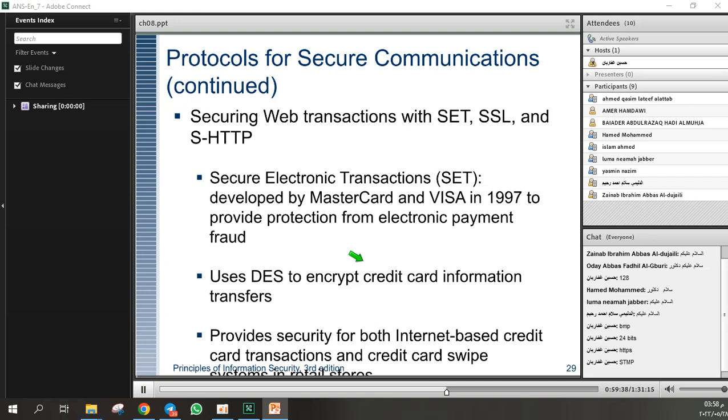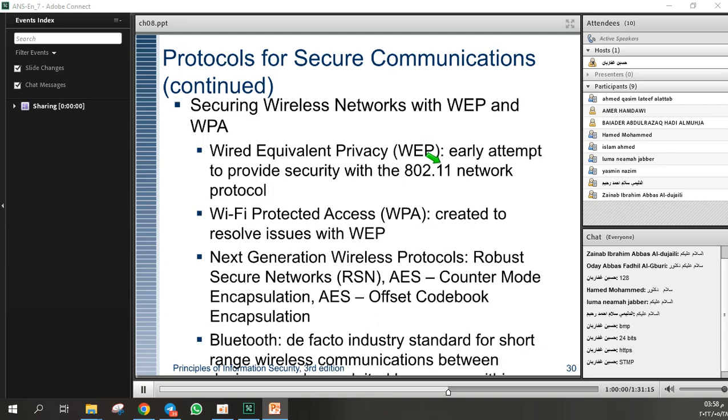It's a special protocol for encrypting credit card information during the transfer. As a card holder or merchant, you can use SET to provide a secure channel to transfer your information. Okay, so SET is another secure communication protocol in this case.